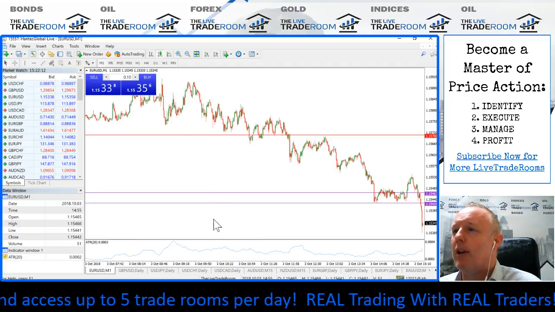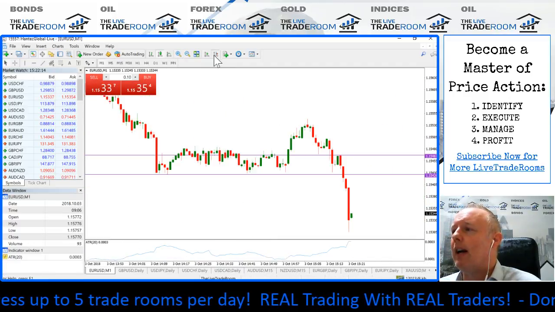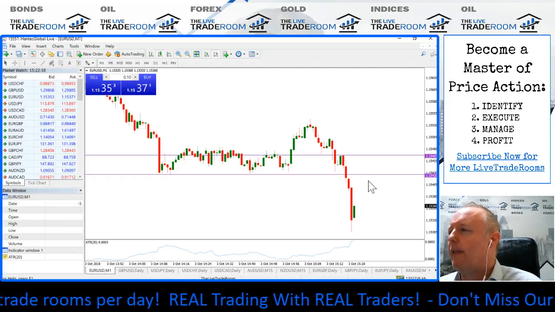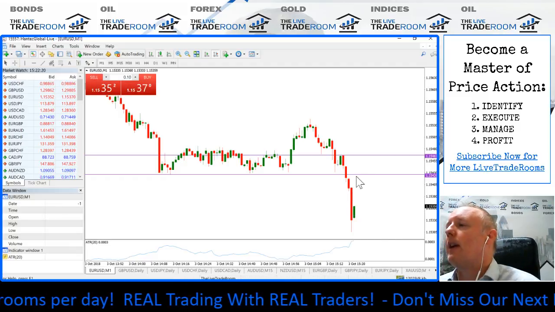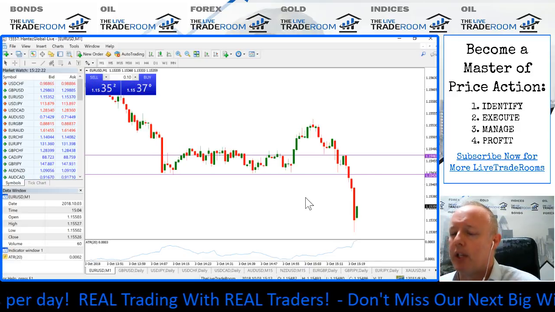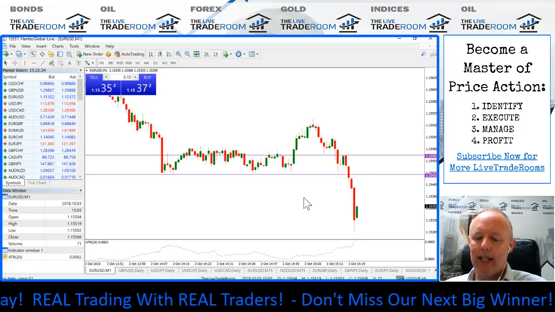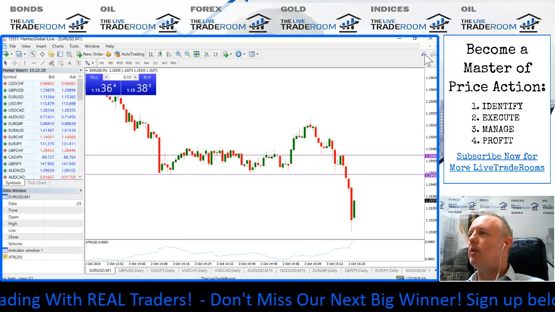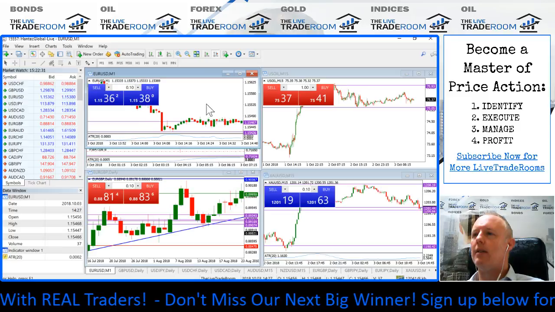But all we simply do now is wait for the pullback. So hopefully that will give us an opportunity, and it very clearly pulls back to 15.42. We take it to the downside if we get a little bit of a turnaround price action at that price. So fairly easy and fairly straightforward. It should be okay for us. We might get an opportunity sooner rather than later with this.